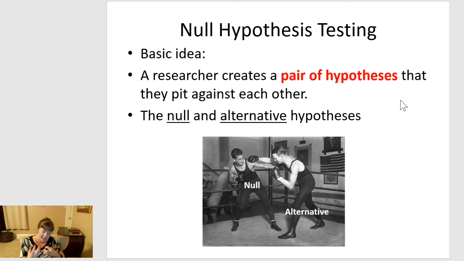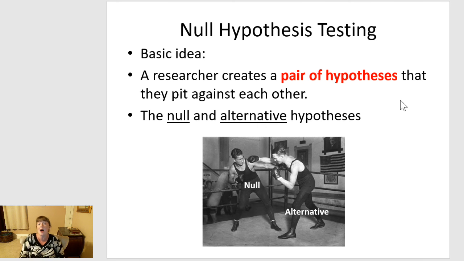But in order to do the null hypothesis significance testing approach, you create the opposite hypothesis and call that the null. And you pit what you really think is going on, your research hypothesis, against this thing that you call the null hypothesis. What you're actually going to test is the null hypothesis.